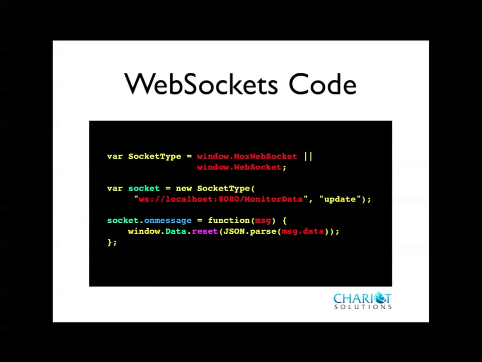And what we've done here is attach a message listener function to that WebSocket. So when data comes in, our onMessage function is invoked. And all we're going to do, assuming that's a bunch of JSON data coming in, is parse it as JSON and pop it into that global data model. So there's not a lot of code here, and it makes a big difference in terms of the network connectivity.